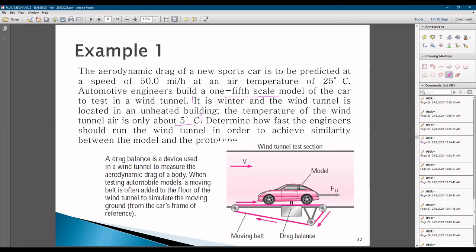Determine how fast the engineer should run the wind tunnel in order to achieve similarity between model and prototype. So this is the challenge.